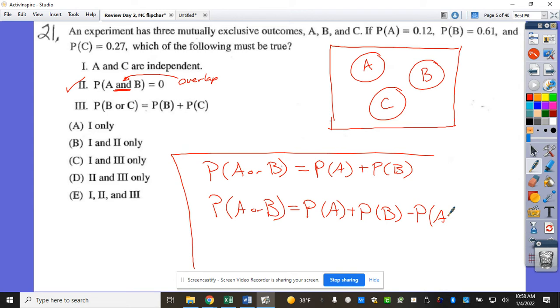What would go there? A and B. When do I use this one? When they're mutually exclusive. And when would I use this one? When they're not. Well, they are mutually exclusive, so is that correct? Yes.